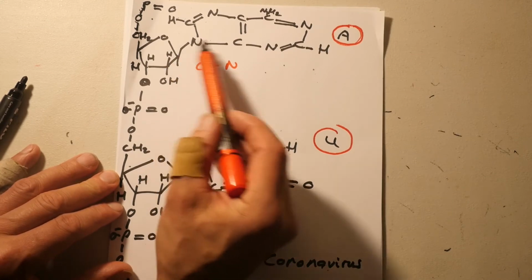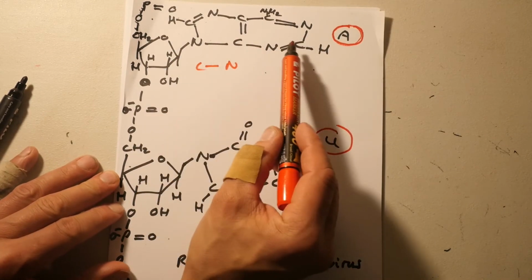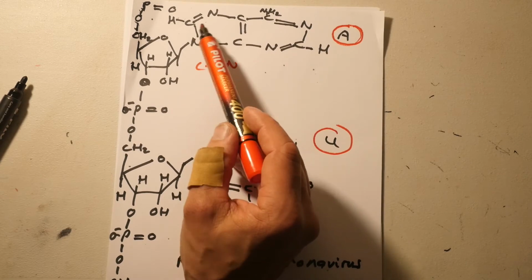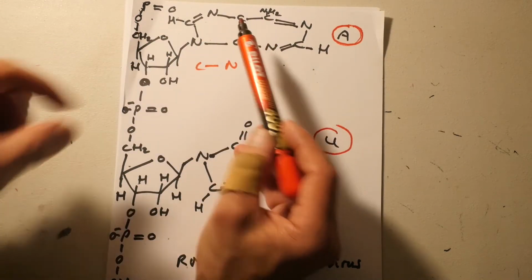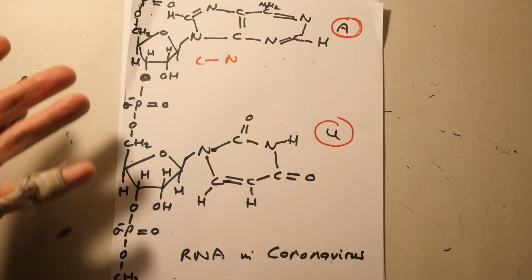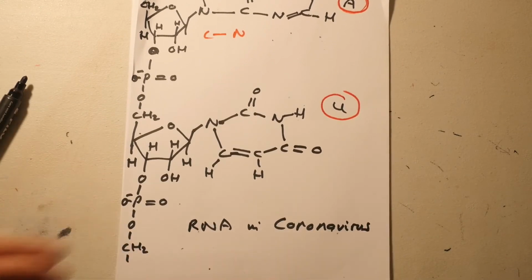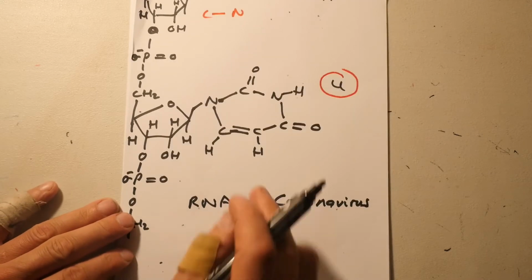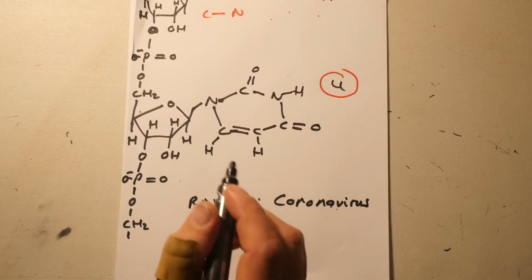I've had to bend it in order to fit the molecule in. Really the molecule would probably be more bent around, but I'm just trying to illustrate it to you. So this is RNA in coronavirus.